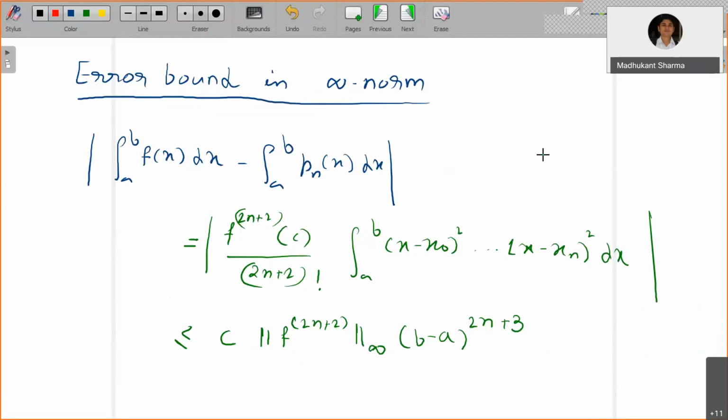Now see, like we have seen in the rectangle rule, if you recall the Riemann integral, the convergence of that rule can be observed by just imposing the condition that f is continuous over the closed interval a to b. Then that quadrature rule, the rectangle rule, converges to the integral a to b f of x dx.